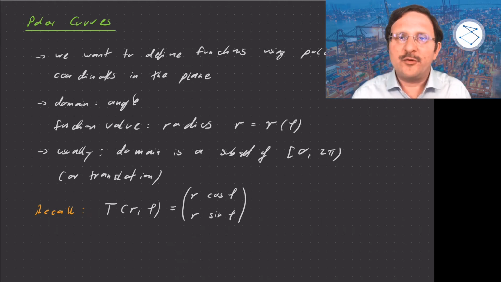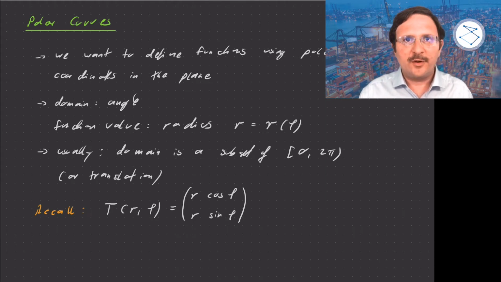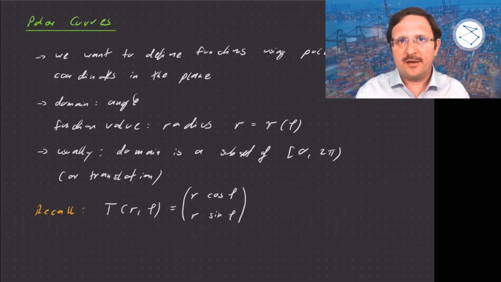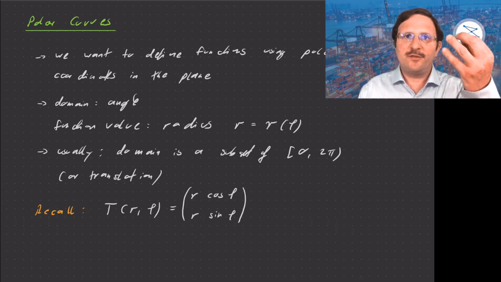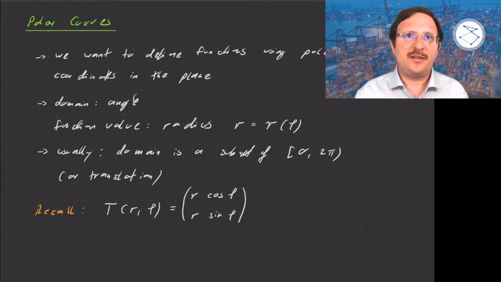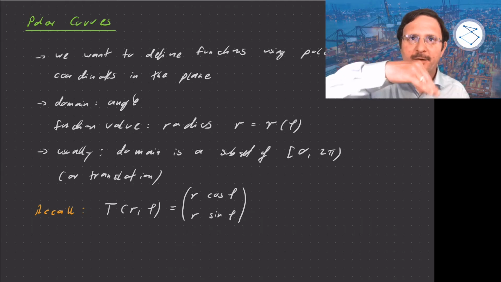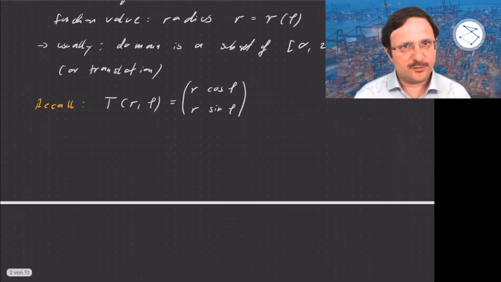And strictly speaking, the radius should be greater or equal to 0. Of course, you may also use negative radii, which simply means there's a reflection at the origin. So basically that corresponds to the angle that is shifted by pi, right? But that's more of a technicality.